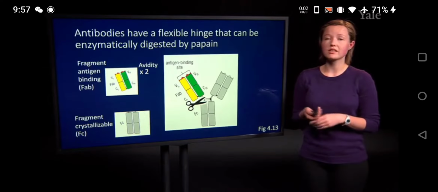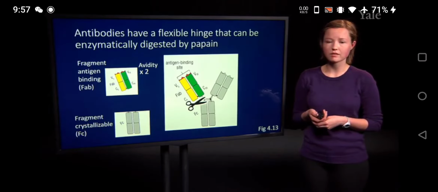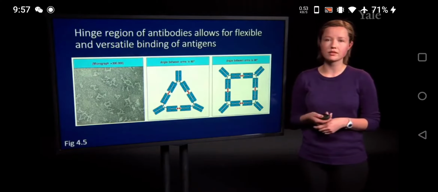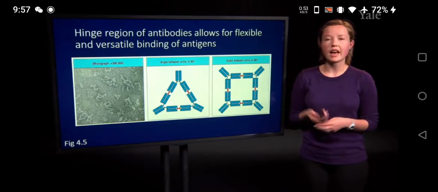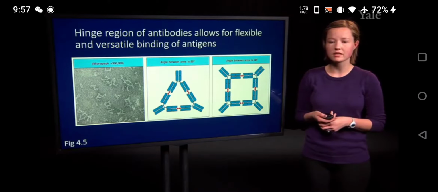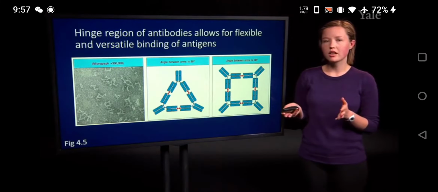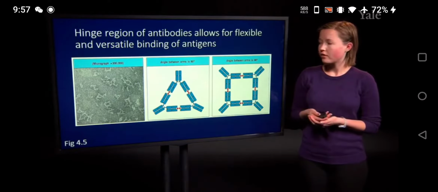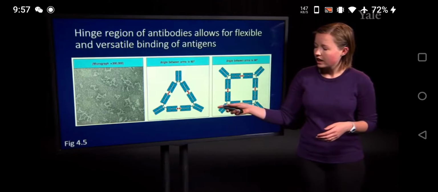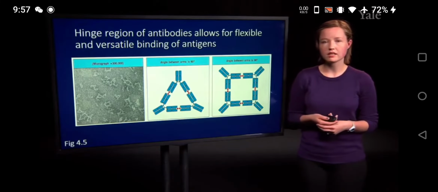We can also see the importance of this flexible hinge region and how it could help and assist in mediating immune responses because it allows for distinct morphologies when interacting with antigen. So here we can see an angle that's 90 degrees in these hinge regions when interacting with antigen.